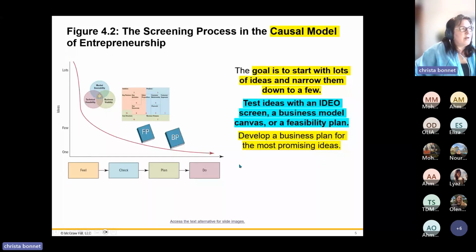Inside this graph is a little thingy, a pinkish, I don't know what color that is, but there's a solution and a problem. Can you see that? It's too small. Okay, but you don't have to see the detail. We're going to look at it in way more detail on other slides, and then next week.